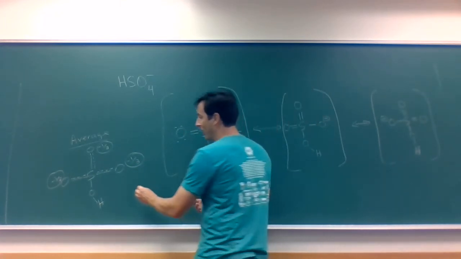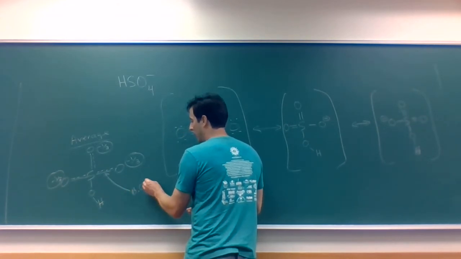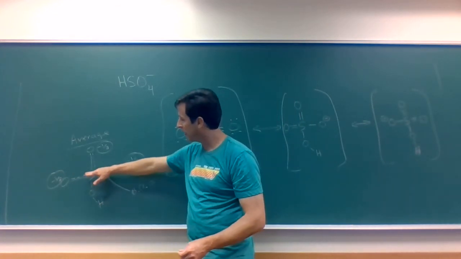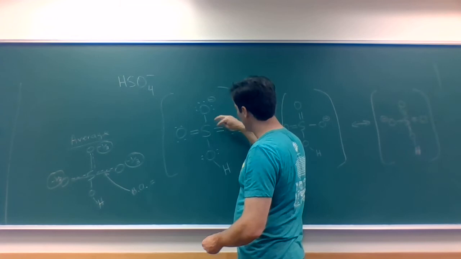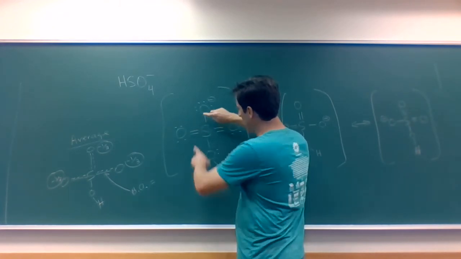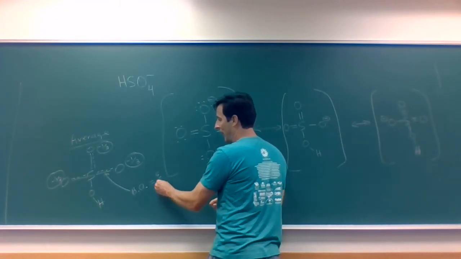And then what's the bond order? How much bonding is going on right there? Well, I specifically look at these three locations. There's 2, 1, 2. There's 5 bonds in that region being shared by three oxygens. So it's going to be 5 bonds over 3 oxygens.